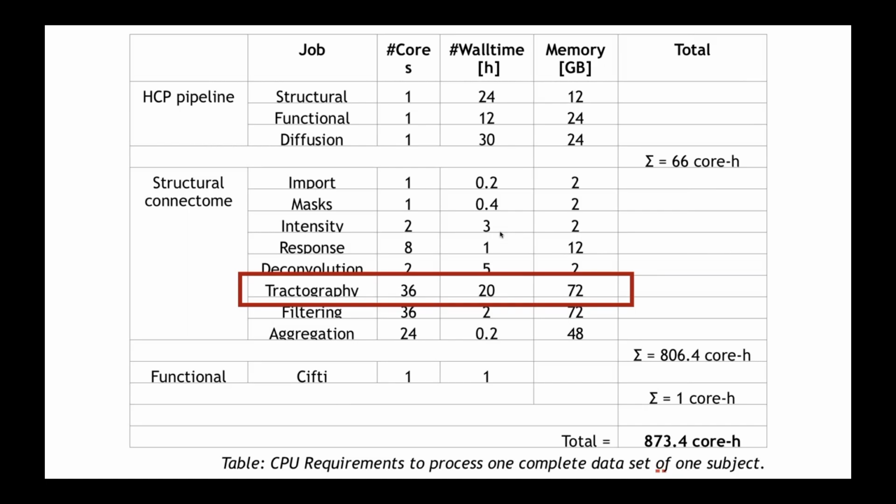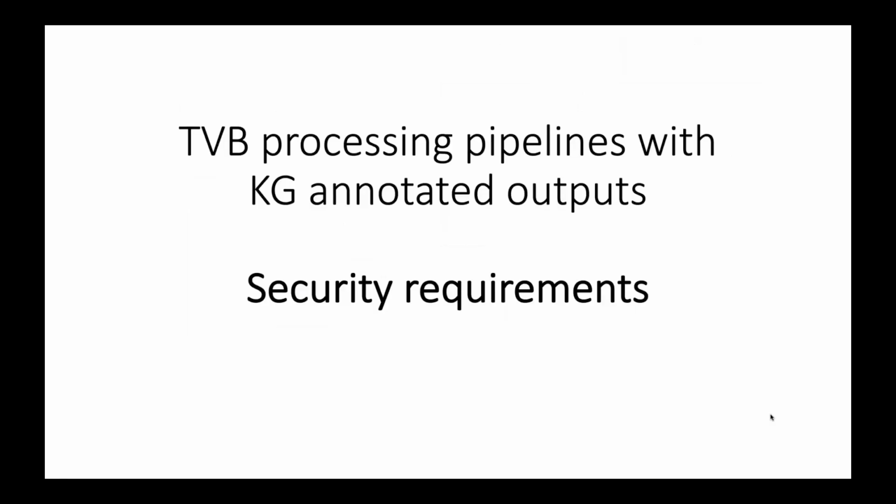But especially the tractography step takes a lot of CPU time. Here we would run it on 36 cores for 20 hours, and we end up for one dataset with around 833 core hours to compute one subject fully and compute the entire structural and functional connectomes of the subject.